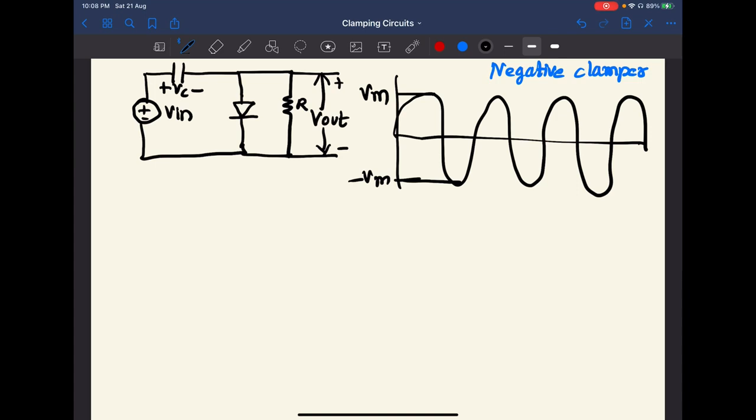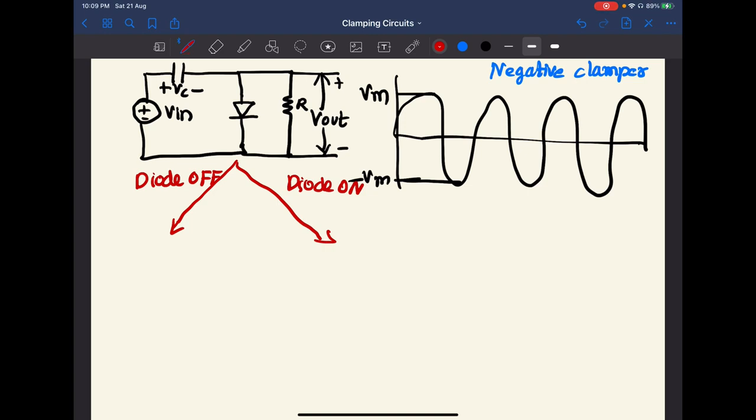Sorry. We can divide this case as I earlier told, with a similar approach. Diode on condition, diode off condition.